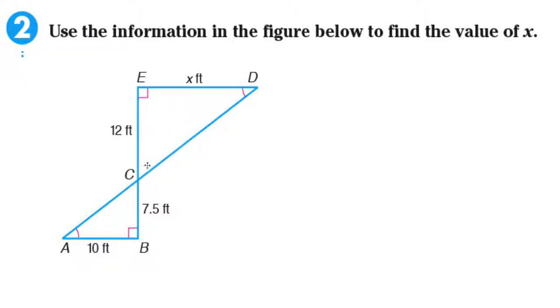So these two are vertical angles. We know for a fact that vertical angles are congruent, so angle ACB, which is this angle right here, is congruent to angle DCE.